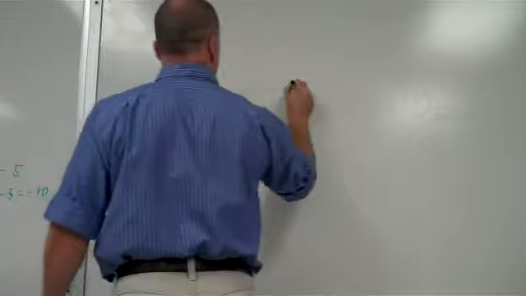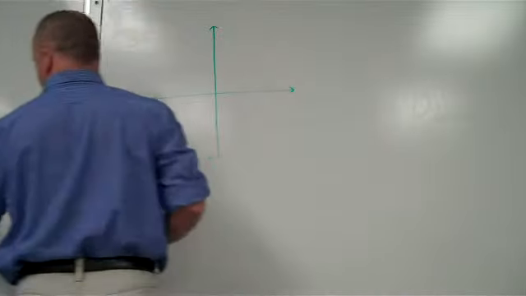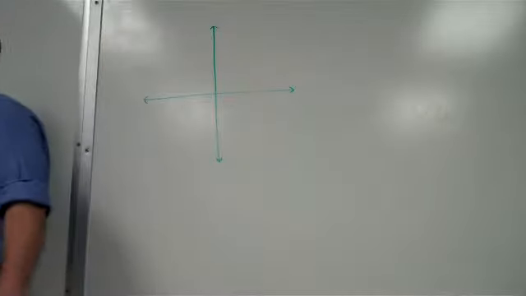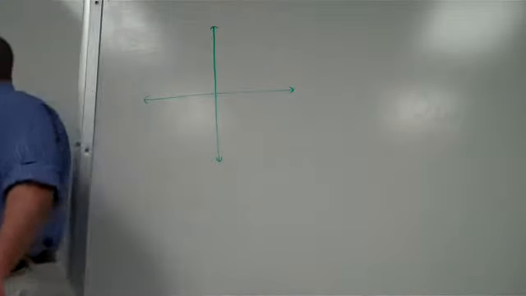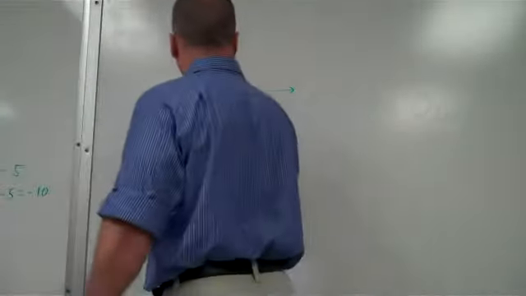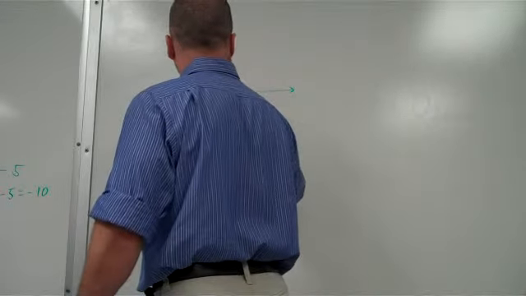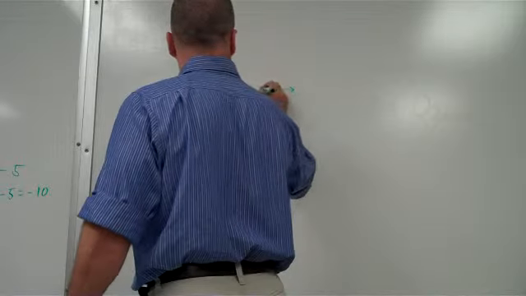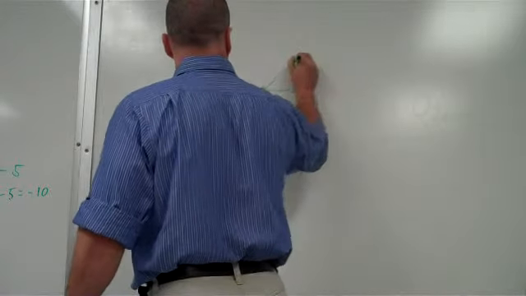So very quickly, I'm going to graph this rational expression as if it were x minus 5. I'm going to go down here to -5 for my y-intercept. I'm going to go up with a slope of 1.